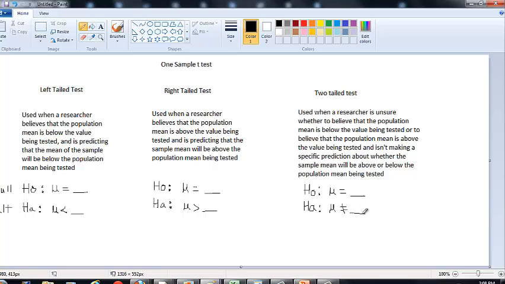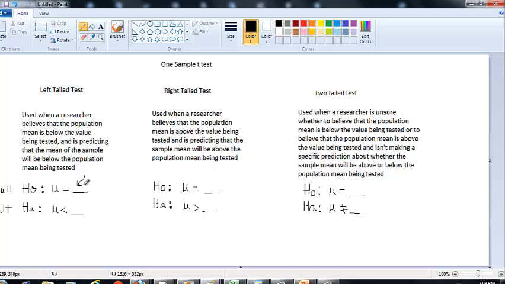So in a two-tailed test, the researcher is simply trying to support the possibility that the mean doesn't equal the value being tested, and they're not trying to support a specific direction. They're not trying to support that it's below the value being tested, or that it's above. They're just trying to support the idea that it simply doesn't equal that number.